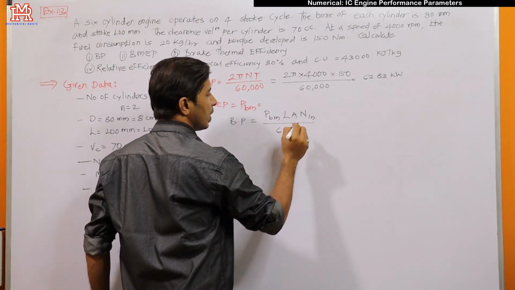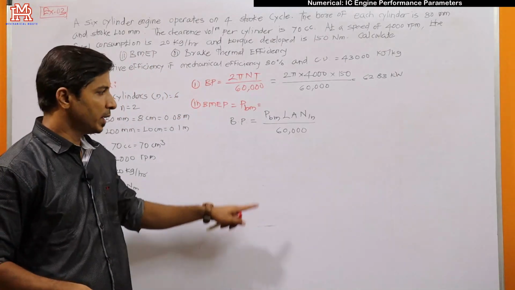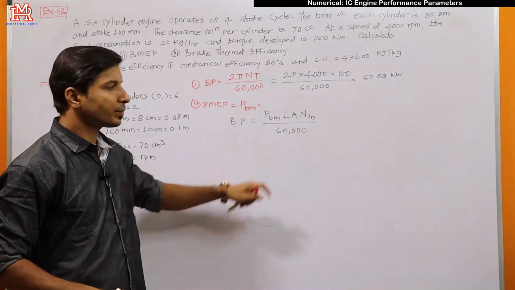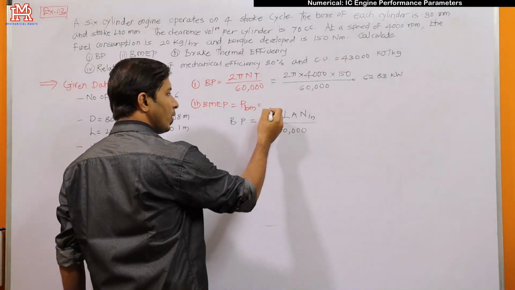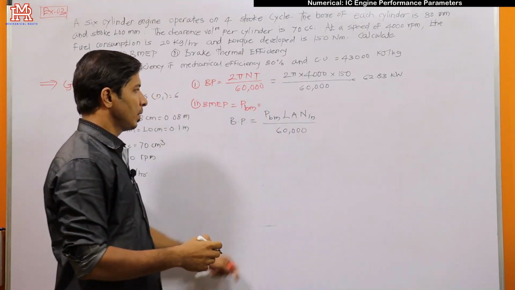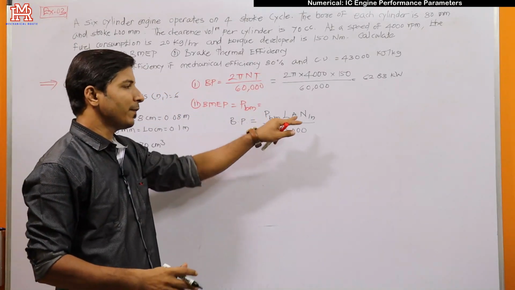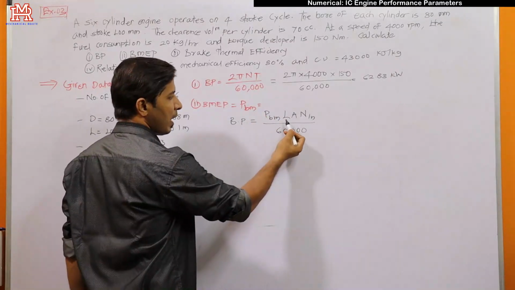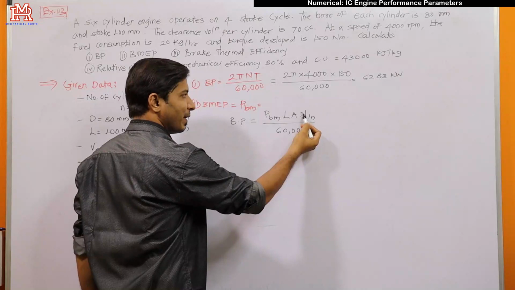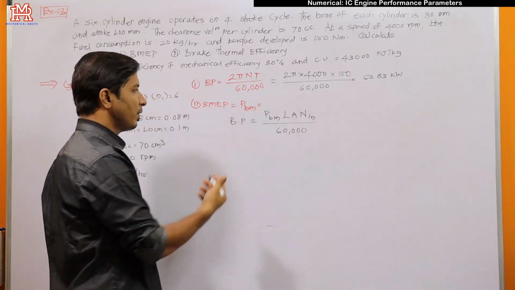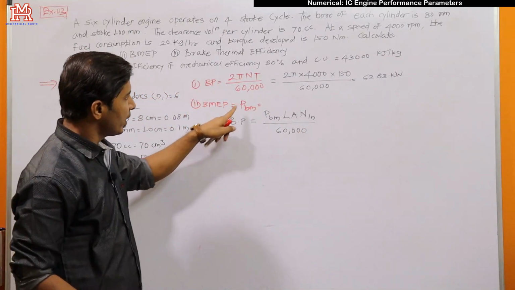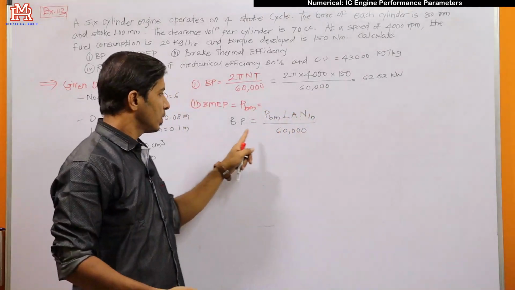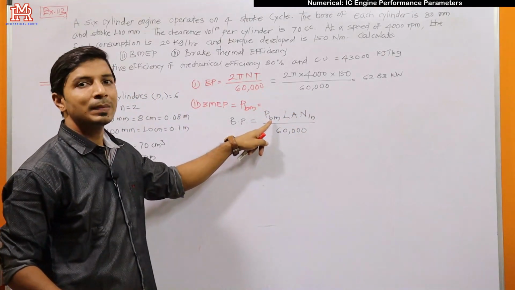This is because it is in kilowatt. If it is in watt, it is only 60. Now I have to find out this PBM, but you have to see whether you have all the values or how many unknowns there are. So I have L, A, capital N, small n, 60,000. Definitely we have calculated the brake power also, so we will be able to find out this PBM.